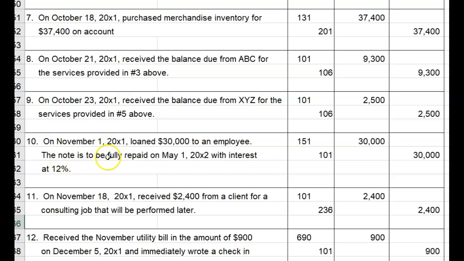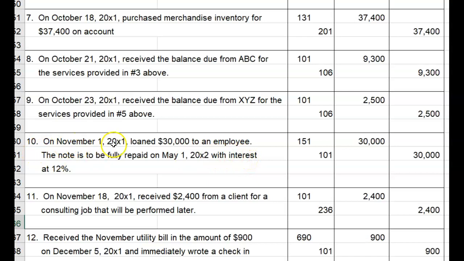On November 1st, we loaned $30,000 to an employee. The note is to be fully repaid on May 1st, 20X2, with interest at 12%. Again, it's important to remember that on November 1st, the employee did not owe us any interest on that $30,000. Interest accumulates on a day-by-day basis throughout the time period that the employee has our money.